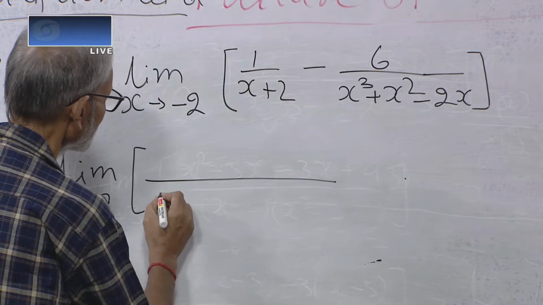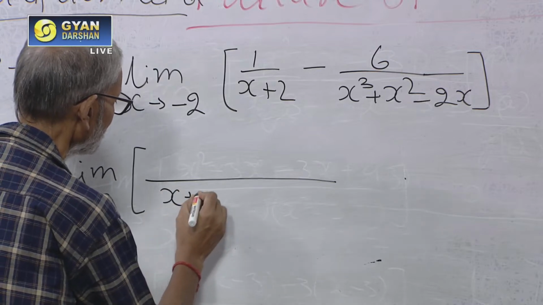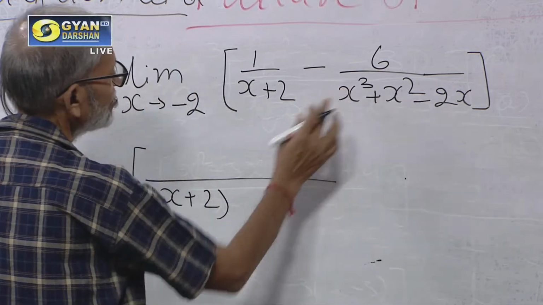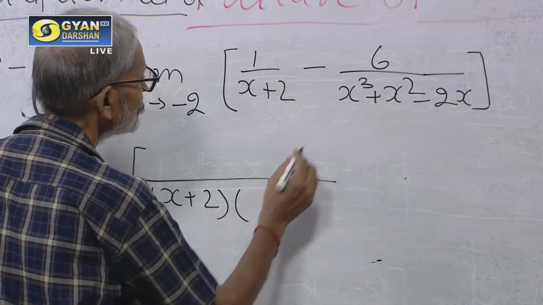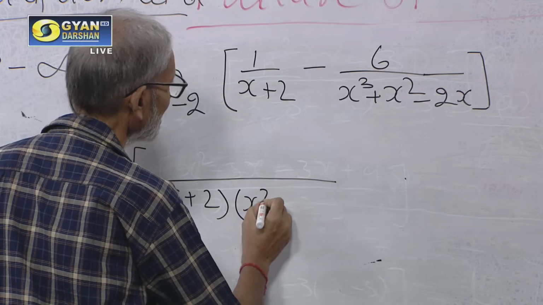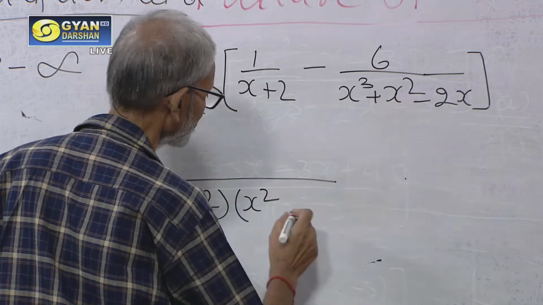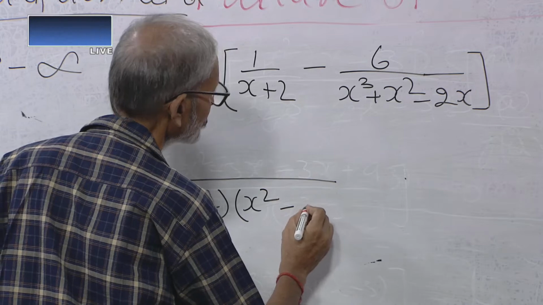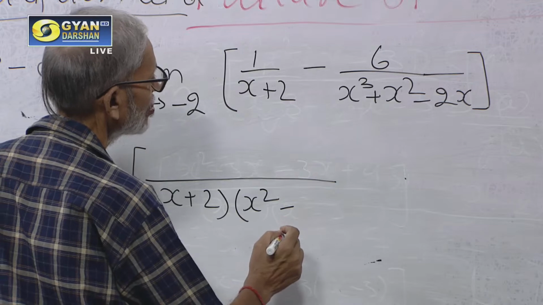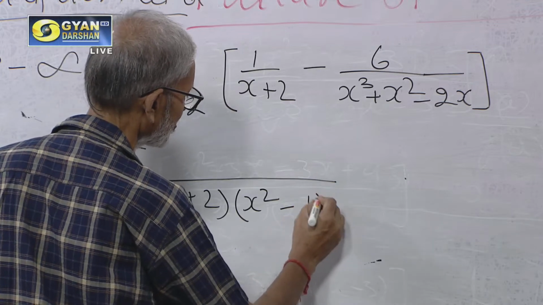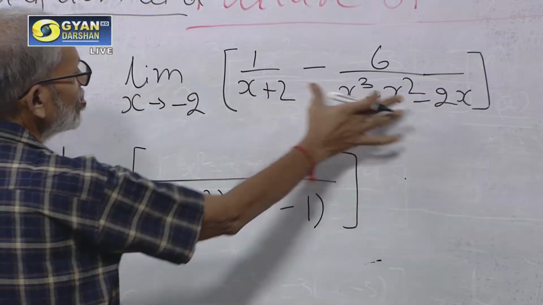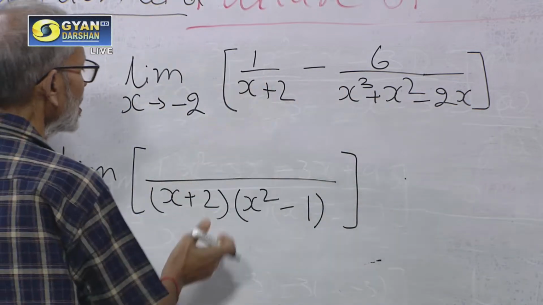If I take x plus 2 common from here, x square minus 1, and this will be the LCM of both these terms because x plus 2 is already here.